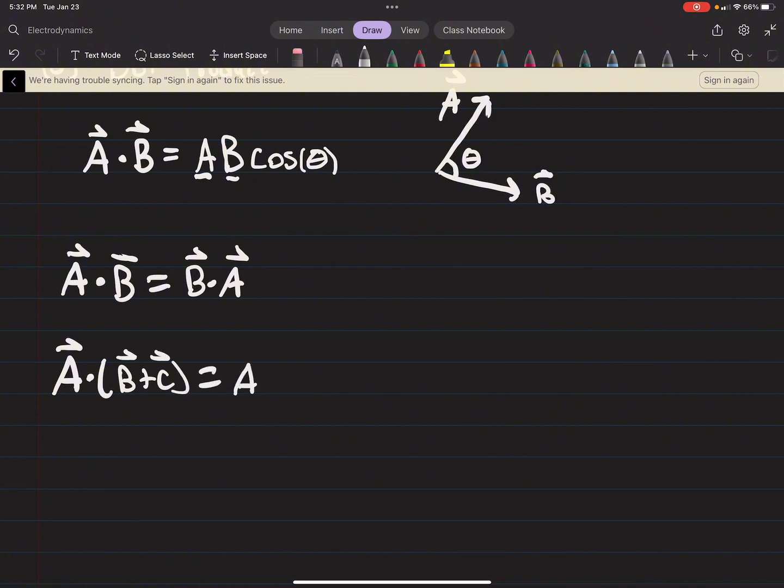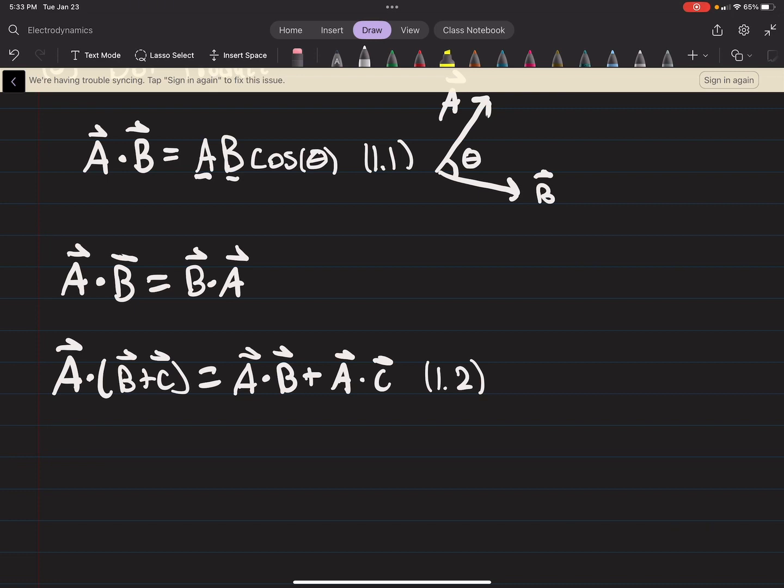So this is the same thing as A dot B plus A dot C. And I'm just going to note these: this is equation 1.1 and this is equation 1.2. So these are referenced in the book. Those are good to know.